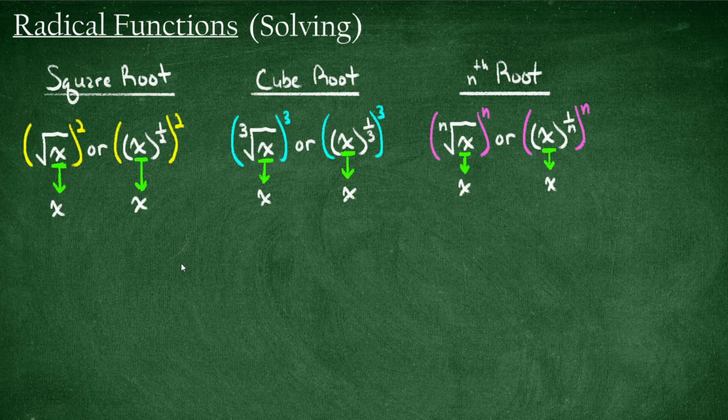Now, it is worth noting here that whenever we're starting with a square root, a cubed root, or any nth root, all of these, actually, I should say the evens, are restricted to the positive numbers.